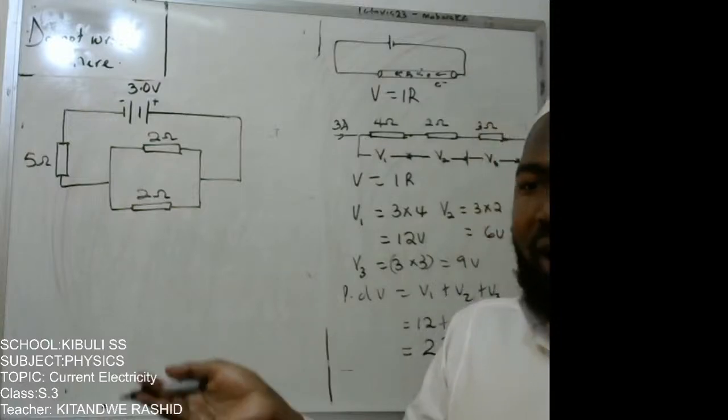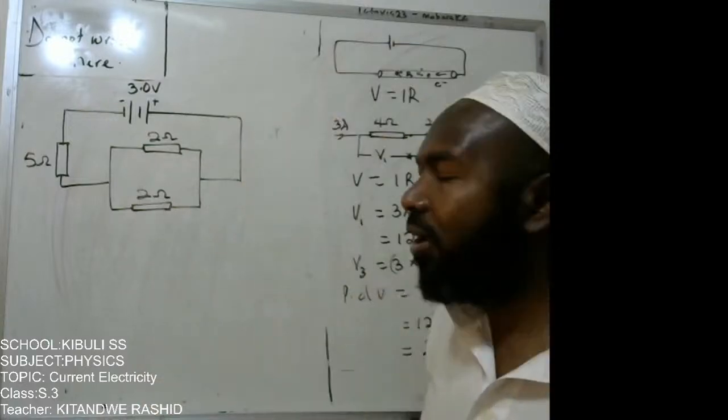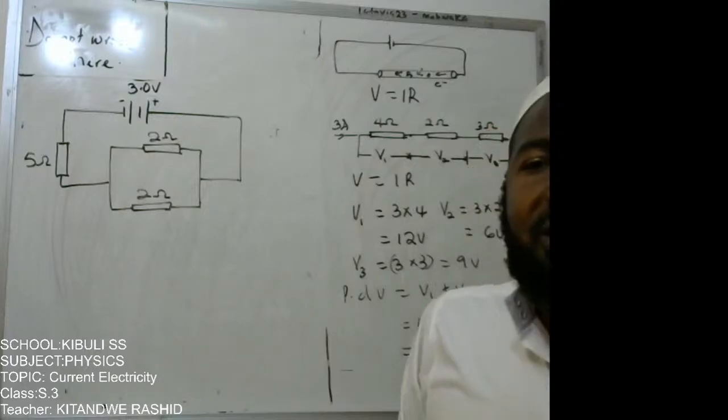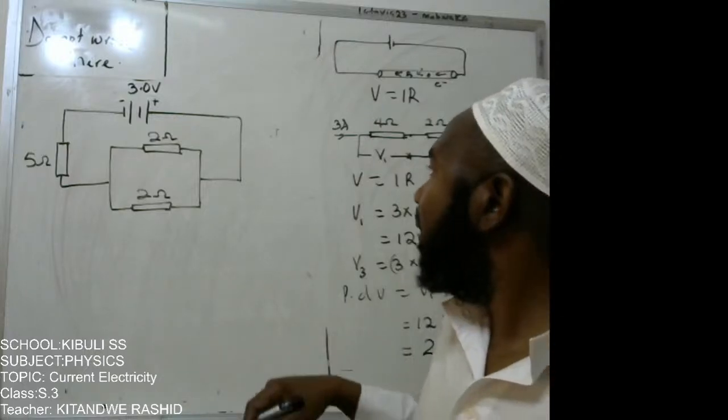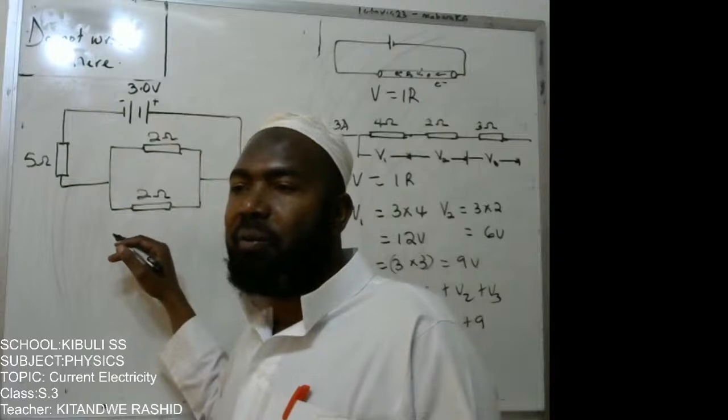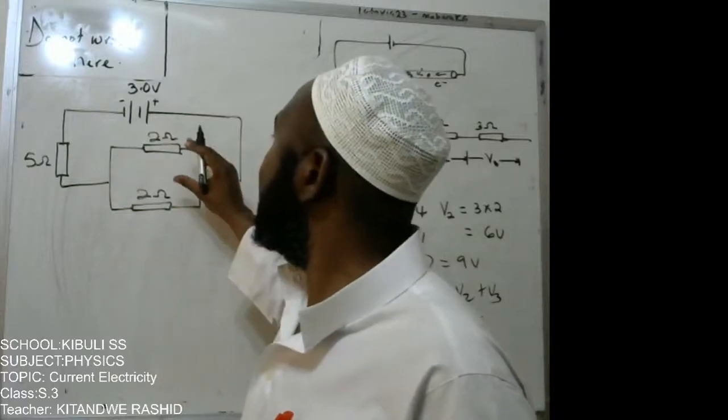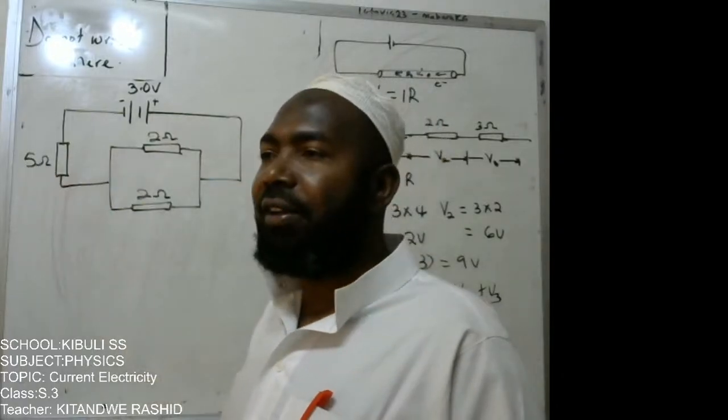I think that one we had already done previously. To calculate effective resistance is going to be cheaper for us. First deal with parallel, and then the resultant is going to be in series with a 5.